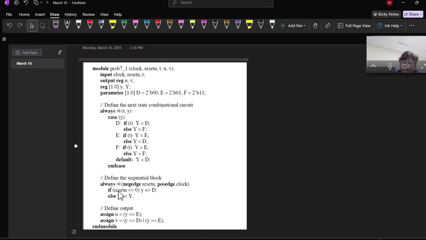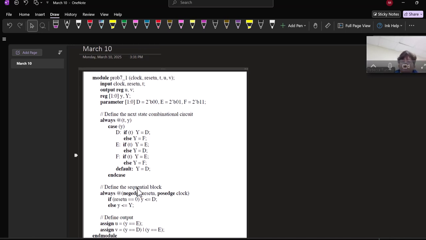If you look at this bottom always block, it says if reset in equals 0, then you reset. So it has a reset. It has T, which is your input. You have your outputs, U and V.